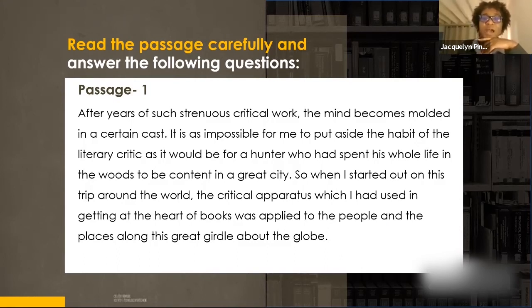So when I started out on this trip around the world, the critical apparatus which I had used in getting at the heart of books was applied to the people and the places along this great girdle about the globe. So traveling, right? Years of critical work, analysis, literary critic, going around the world, evaluating things.